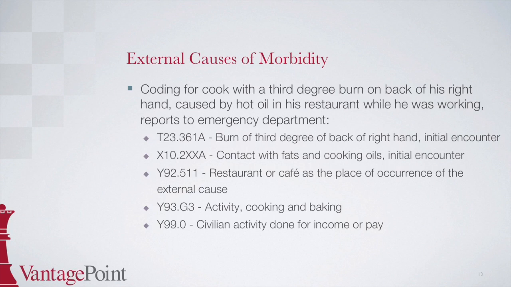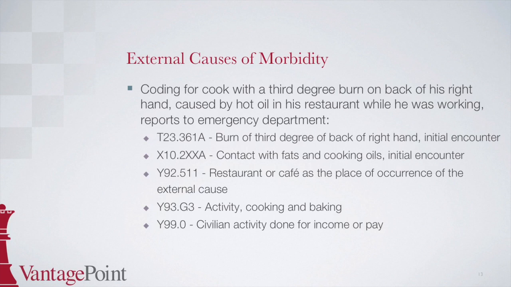Since the external cause of injury is hot oil burn, go to burn in the index of external causes, then find hot indented below. Indented below hot is oil with cooking in parentheses, which points to X10.2 with a checkbox indicating that more digits are required. You would then go to X10.2 in the tabular, where we see that a seventh character is required.